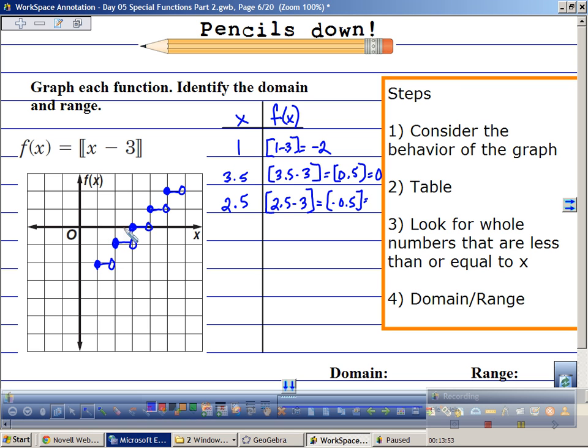I go over to 2.5 and I get negative 0.5. What happens? You didn't make it up to the 0 point, so what happens? It falls down, right? It falls down to what? Negative 1. See how when you get in the negatives, it gets a little bit more complicated?